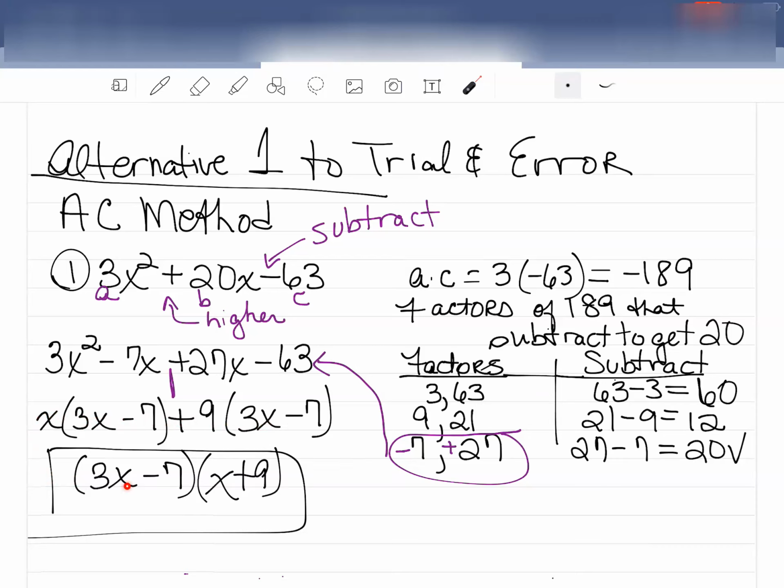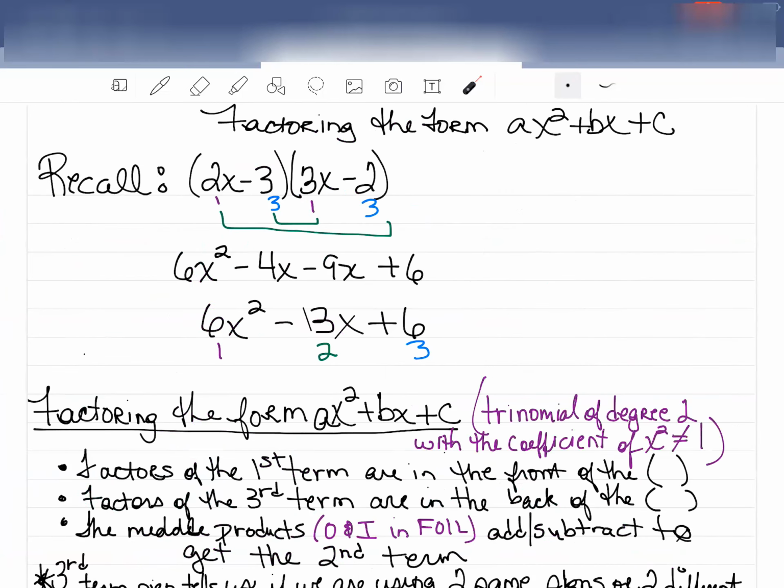So reversing this order, when you start multiplying it out, you'll get this first line that we wrote down, where we rewrote the 20x with the minus 7x and the plus 27x. What you're doing with the AC method is you're really completely working this backwards. You're starting with the 6x squared minus 13x plus 6. You're figuring out that the line before that would have been 6x squared minus 4x minus 9x plus 6, so that you can then factor by grouping to get this 2x minus 3 times the 3x minus 2. So that's one alternative.